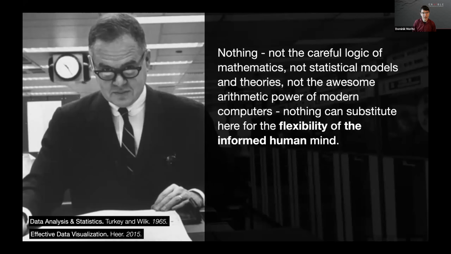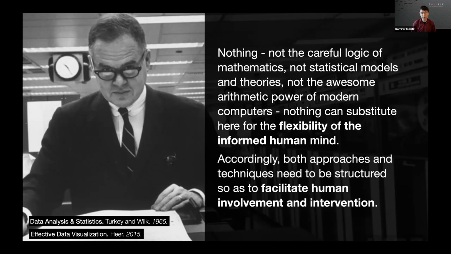They continue: Nothing, not the careful logic of mathematics, not statistical models and theories, not the awesome arithmetic power of modern computers, nothing can substitute here for the flexibility of the informed human mind. Accordingly, both approaches and techniques need to be structured so as to facilitate human involvement and intervention. And as critical as it is for statistics and data analysis, it is also for AI and machine learning.